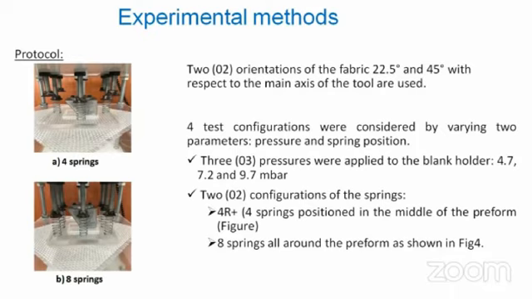Two configurations of the springs: 4 springs positioned in the middle of the preform, and 8 springs around the preform, as shown in figure 4. We have in picture A the configuration with 4 springs, and in B we have 8 springs.